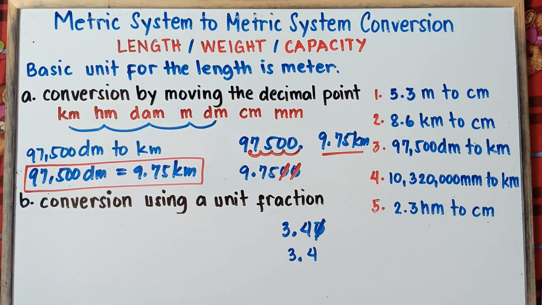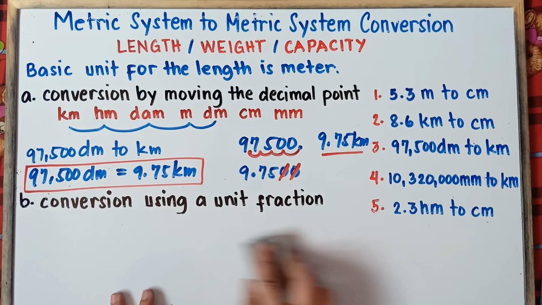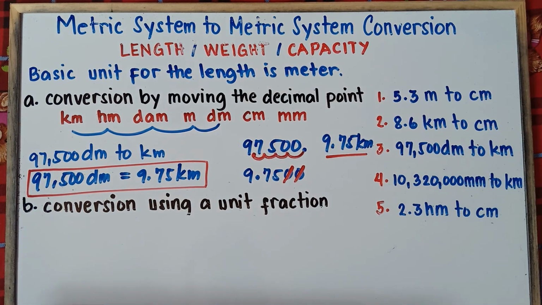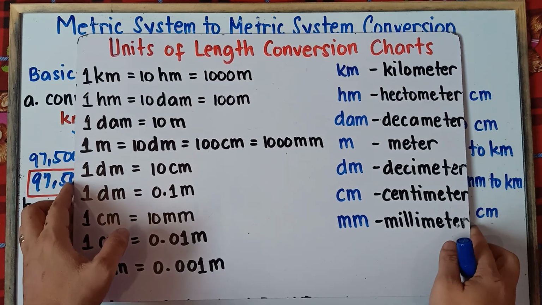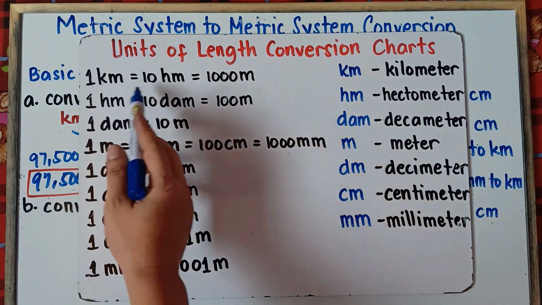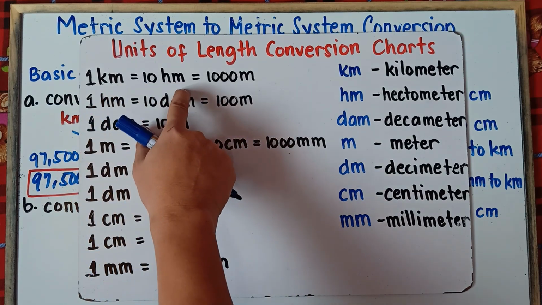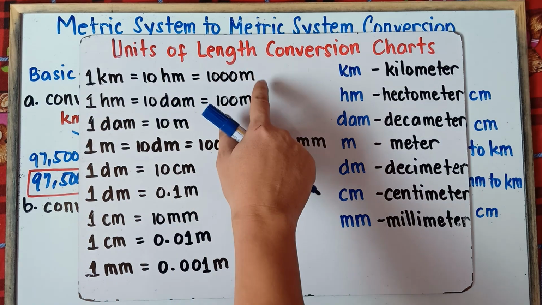Alright, so let's have this one, conversion using a unit fraction. Let's check if we have the same answer. Let's check our conversion charts if we have decimeters to kilometers directly. Do we have it? Nope. We only have kilometers to hectometers, then kilometers to meters.